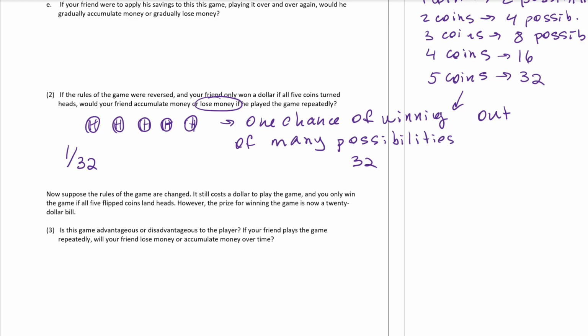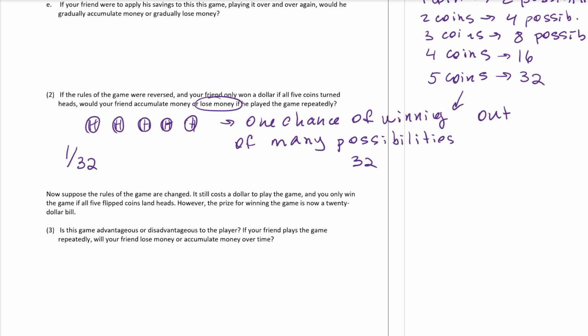This is a little harder question. I still want you to give your intuition, so you can go ahead and express what you feel is going to happen. And now if we review this again, you don't have to give a numerical answer. You want to just think about an intuition. So you still get 1 out of 32 chances of winning $20 in this case.